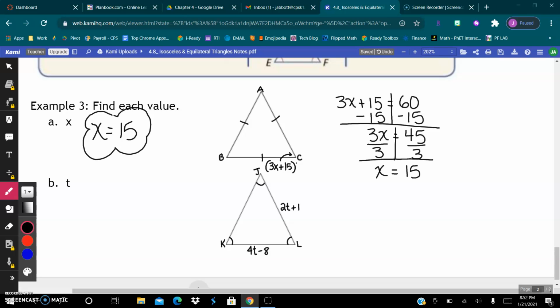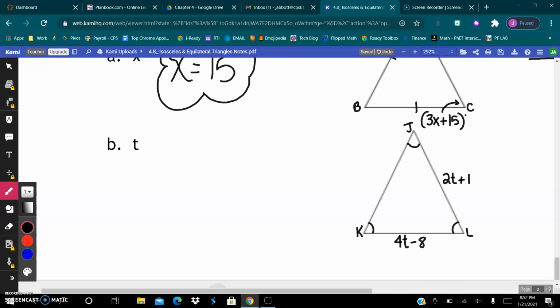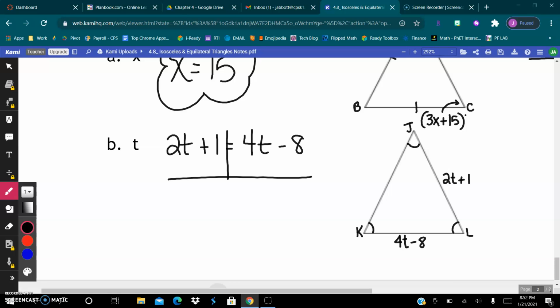And then for part B, they're asking us what is the value of t. And looking at the figure, we're given that all three angles are the same. So that means all three sides are the same. So that means these two side lengths are equal to each other. So I'm going to move the smallest t.